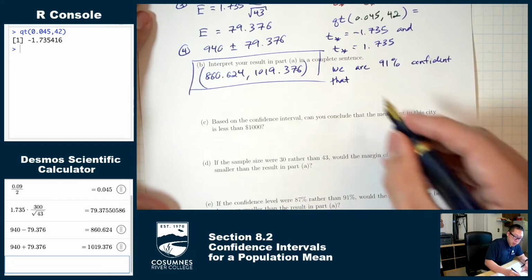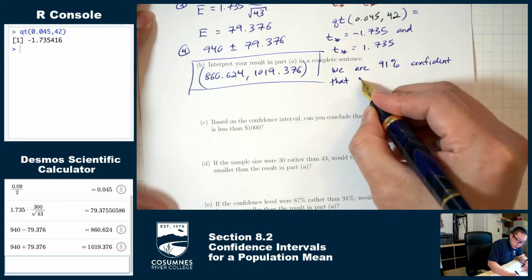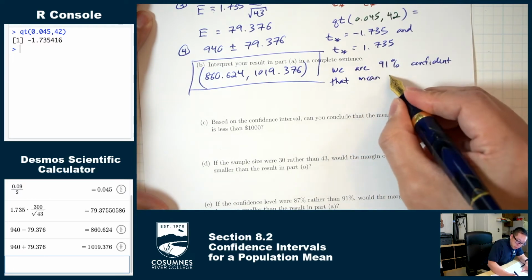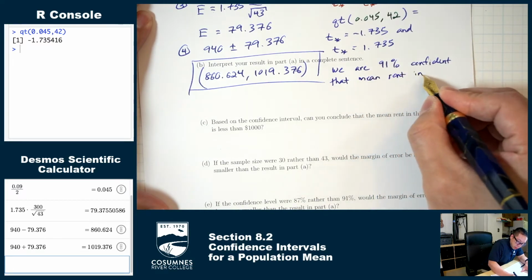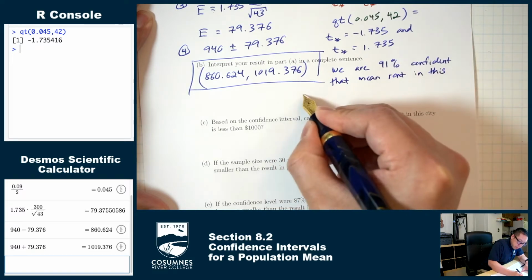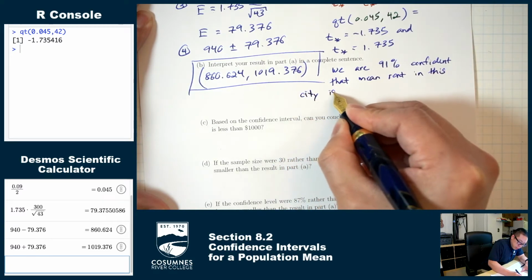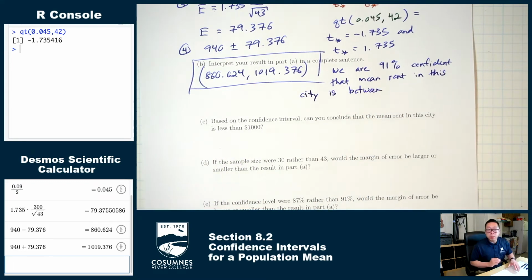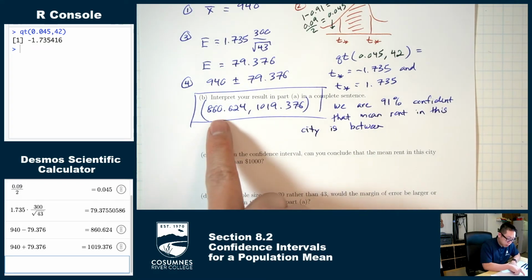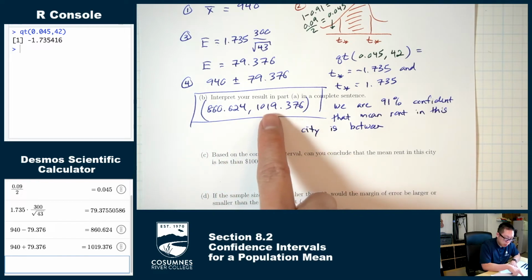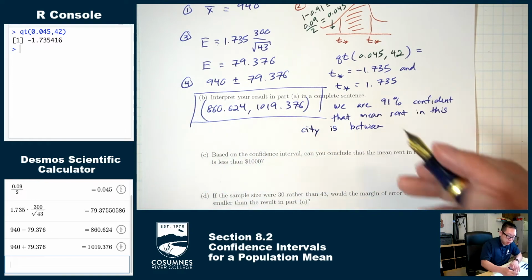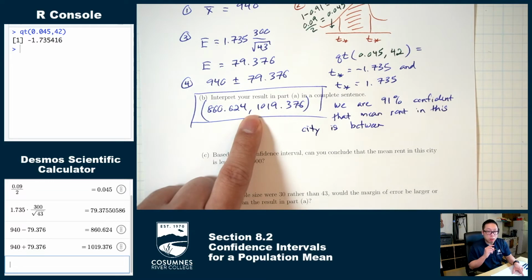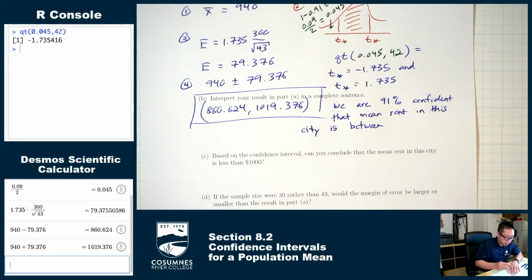We are 91% confident that the mean rent in this city is between 860.624 and 1019.376. Okay, these aren't proportions, so we don't convert these to percentages.